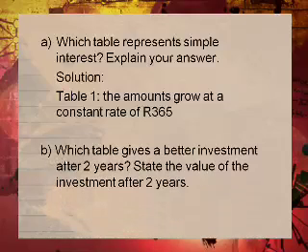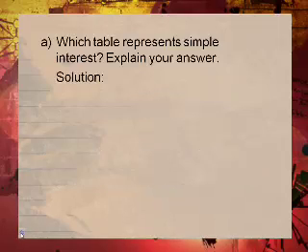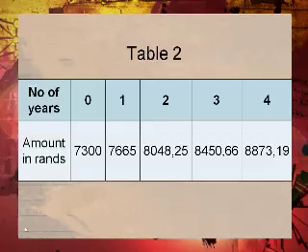Question B. Which table gives a better investment after 2 years? State the value of the investment after 2 years. Now, it's a matter of looking at the tables and interpreting that. Let me start with table 2. Table 2 says after 2 years, the amount is 8048.25. Just memorize that.